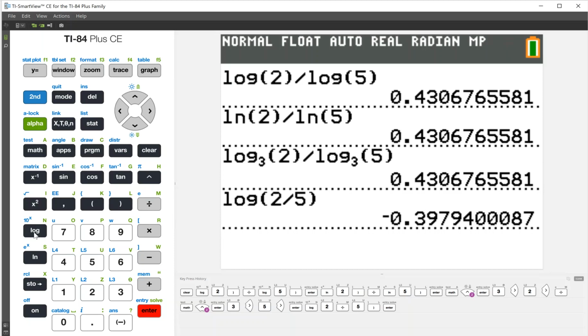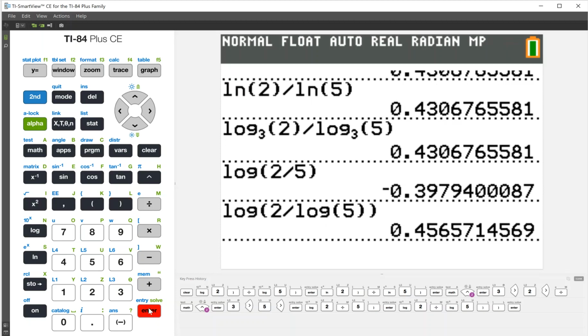What if I tried log and I put 2 in now and I go divided by log of 5? Does that work? It doesn't.